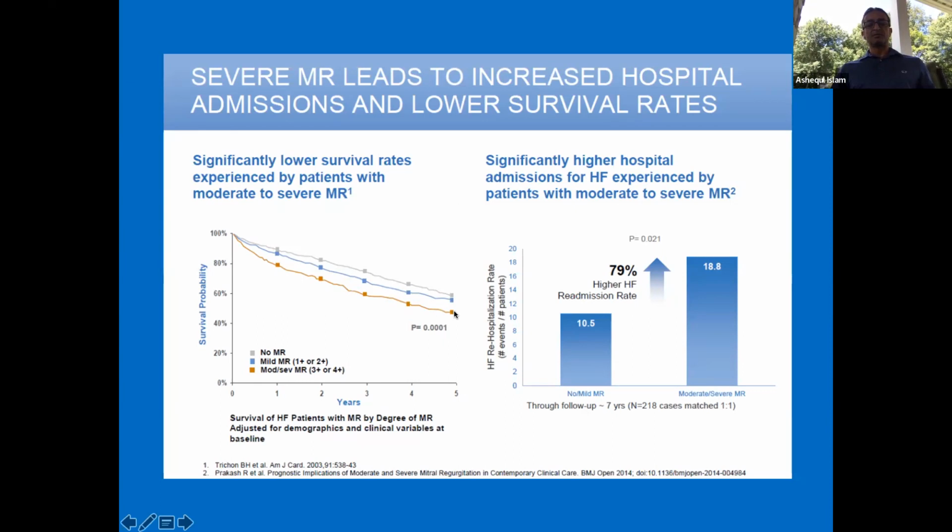Even with mild to moderate MR, although it is not highly significant compared to no MR, there is a significant decrease in survival over time. As mentioned before, moderate to severe MR also determines repeat hospitalizations. It increases by more than 80% over 5 to 7 year follow-up in heart failure patients.